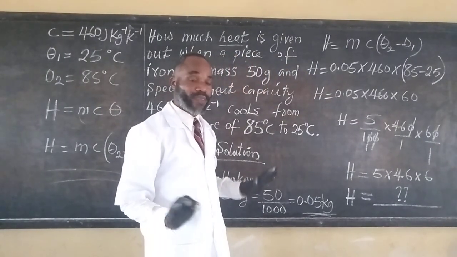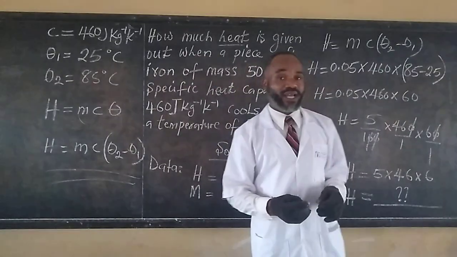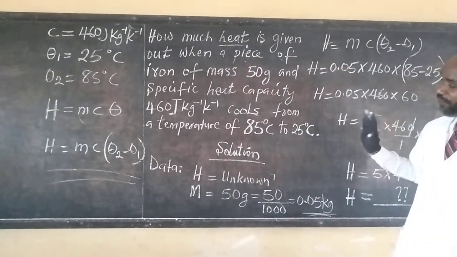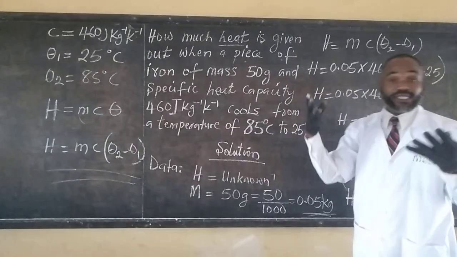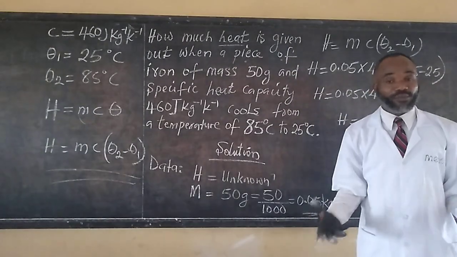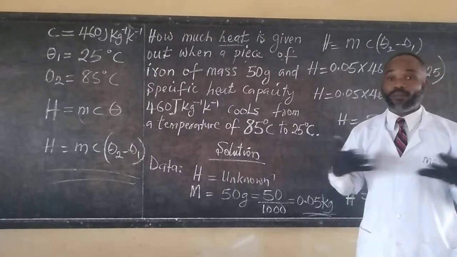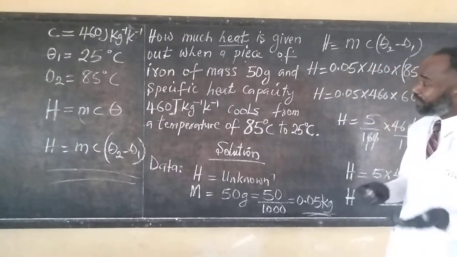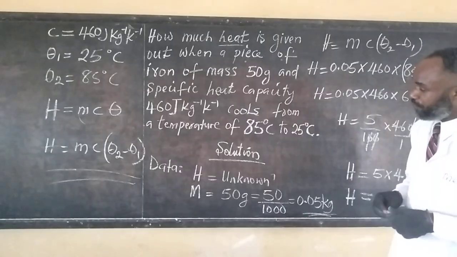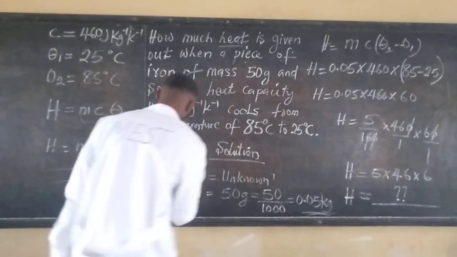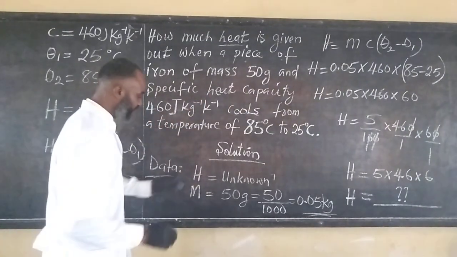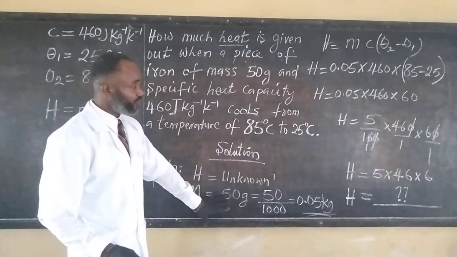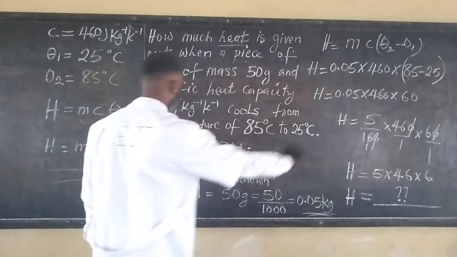Very simple. Now, how the examiner is going to mark this question is also very simple. First of all, the examiner has a marking scheme, or marking guide. The examiner will check: have you been able to identify the quantity you're looking for? That's heat. He or she will check this and score you.